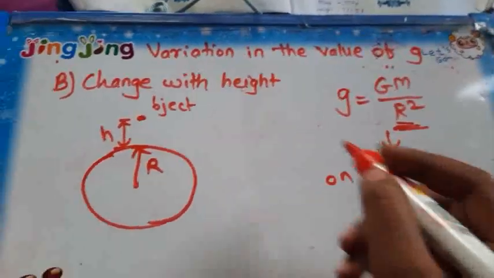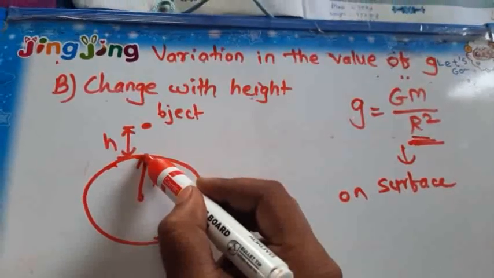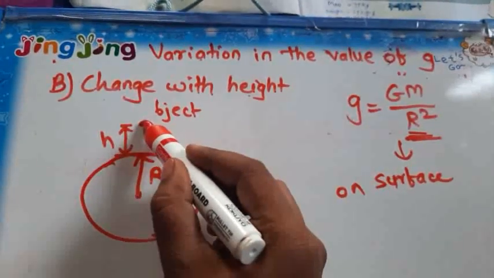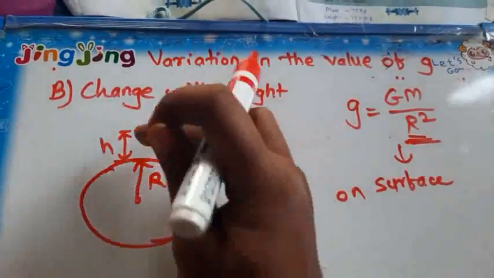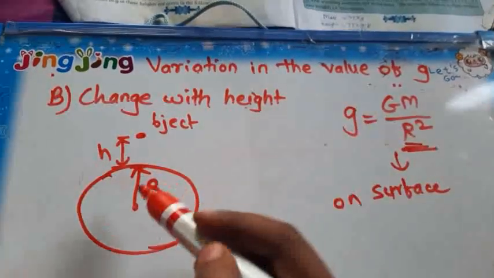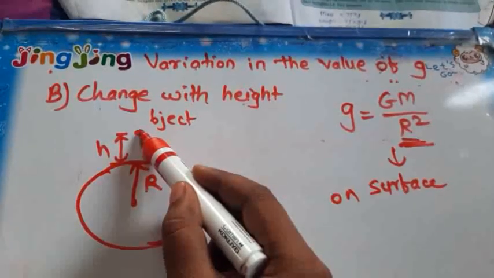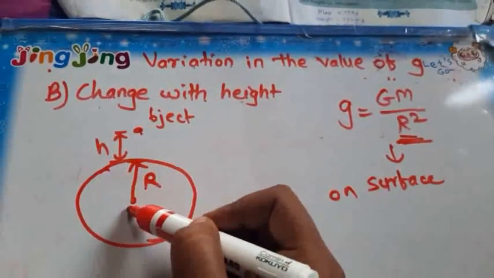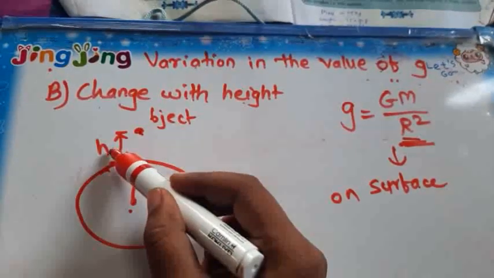But suppose the object is now not on the surface of earth, but it is at somewhat height above the surface of earth. So here what will happen? This distance R we can't take in this formula, because now the distance from center to object will be R, and above the surface up to this object the height is h.